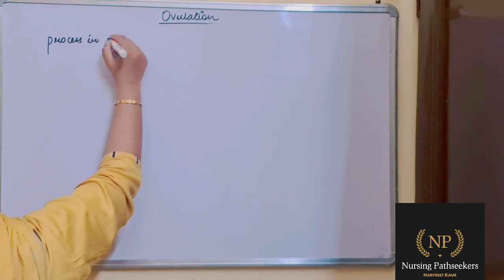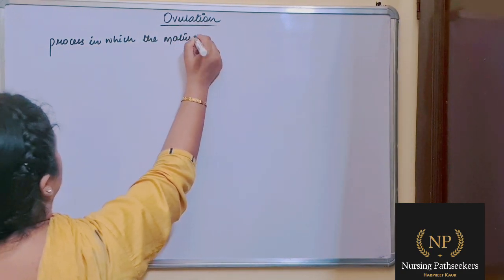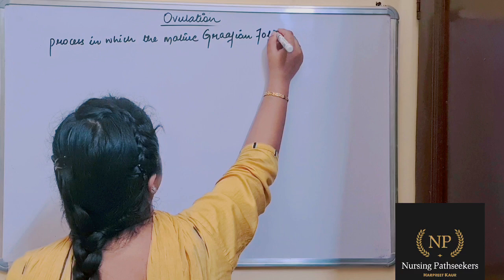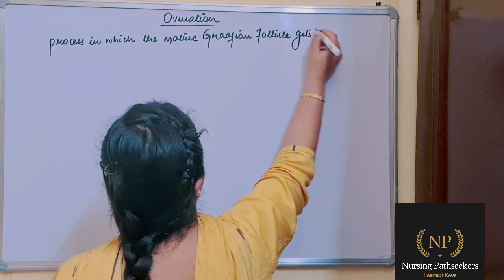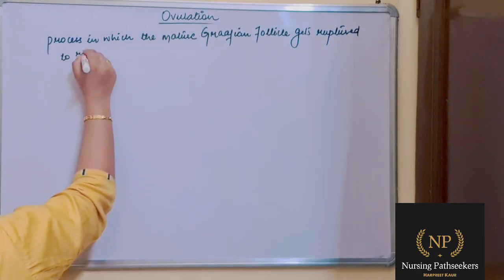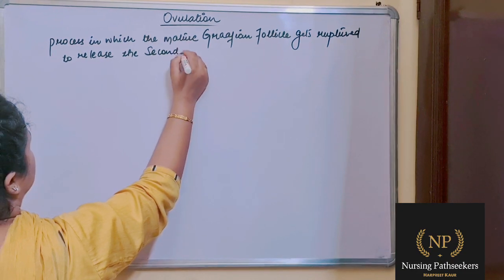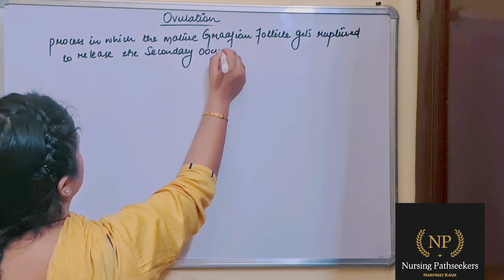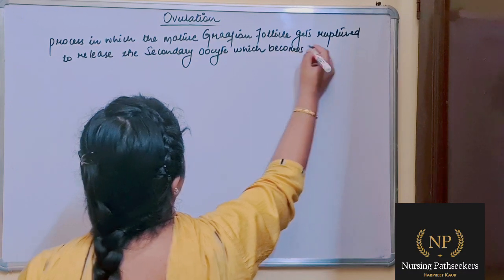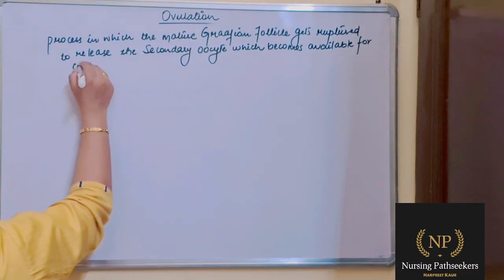It is the process in which the mature Graafian follicle gets ruptured to release the secondary oocyte, which becomes available for conception.